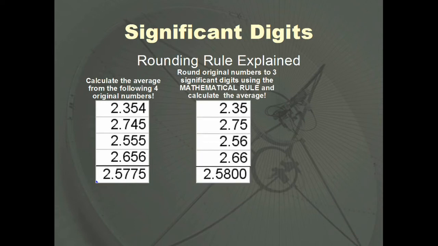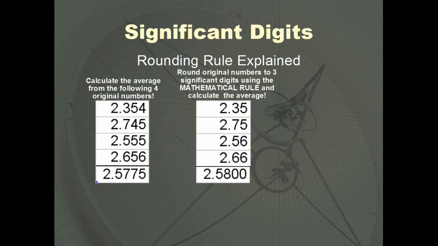Well, here's what I'm getting. 2.354 turns into 2.35. 2.745 into 2.75, 2.555 into 2.56, and 2.656 into 2.66. That is a typical mathematical rounding rule. Now let's take the average of this. I'm not looking here for significant digits. I'm just going to crank it out and see what my calculator tells me, and it would say 2.5800.